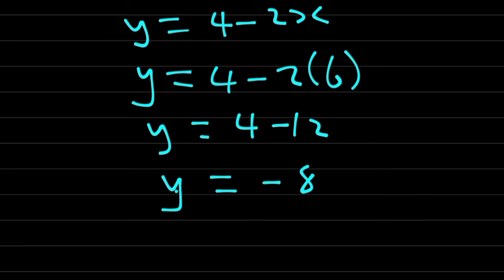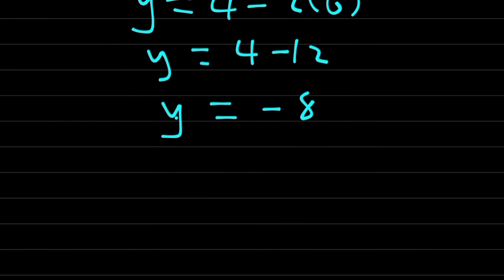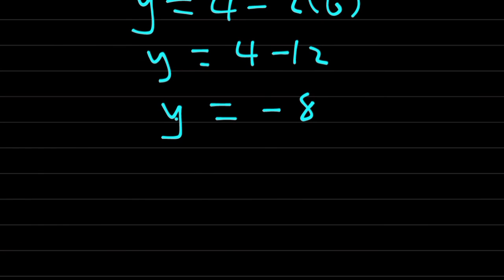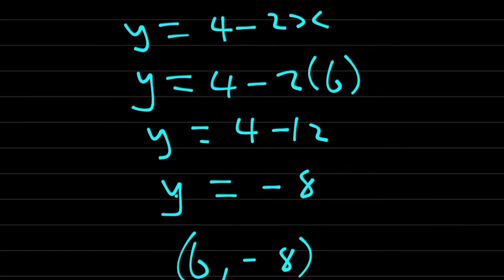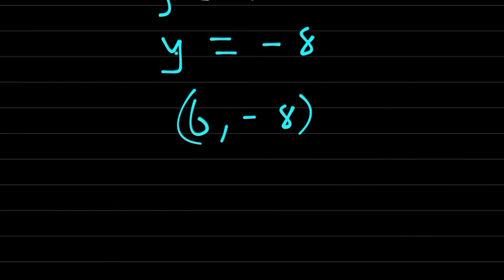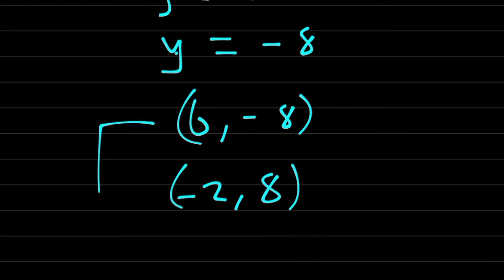So the other point where the two curves will intersect is going to be at 6, minus 8. These are the points of intersection of the two equations. If you should plot them, graphical method, these are the answers you are going to get. So these are the conditions that satisfy the two equations.